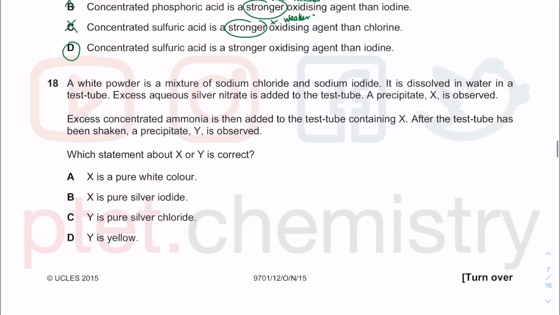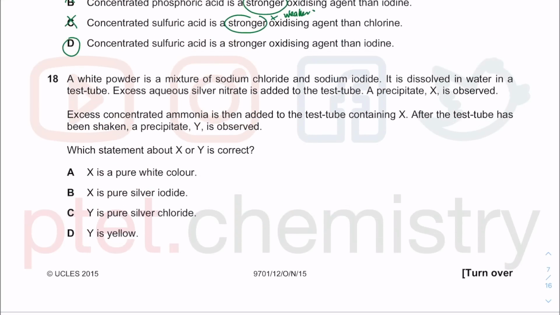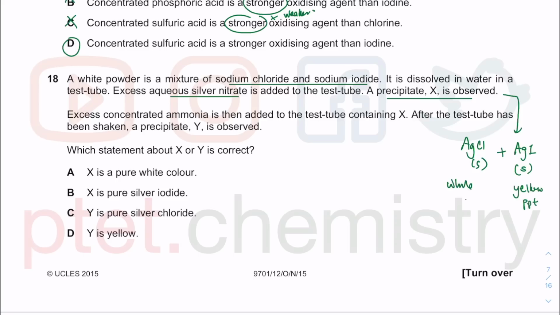Question 18. So this white powder is a mixture of sodium chloride and sodium iodide, and you add excess silver nitrate to it. So you do get a precipitate, and this precipitate will be a mixture of AgCl solid, which is white in color, as well as AgI, which is yellow in color. So you get some yellow precipitate, you get some white precipitate.